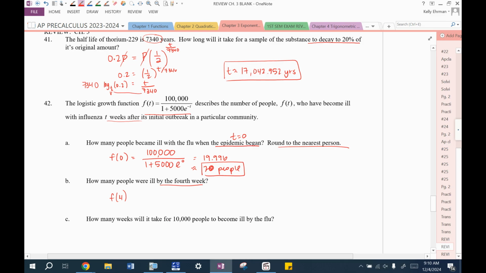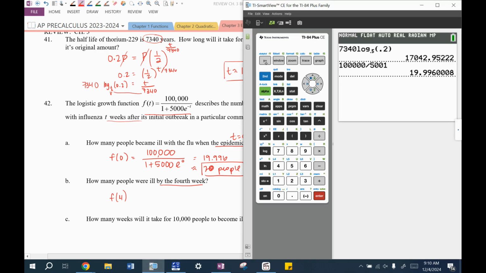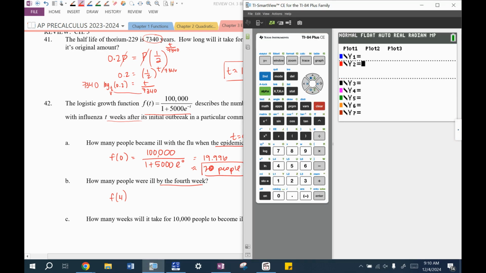Now, the next one is solving again. So if you're going to solve by graphing, maybe it's worth your time to plug this into your y equals. So I'm going to go ahead and do that. Remember, we have alpha y equals, which calls up the fraction thing, which is kind of nice to use. Not required, but nice. And this is 1 plus 5,000. Be careful here. It's e to the negative t, so negative x.